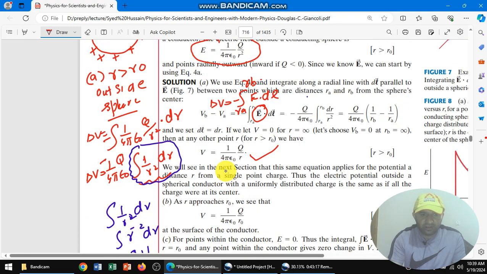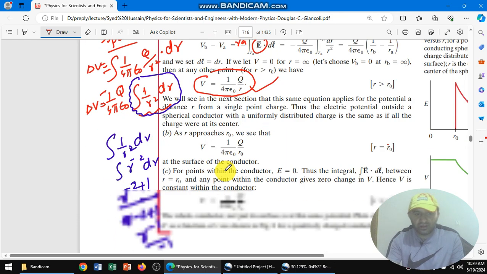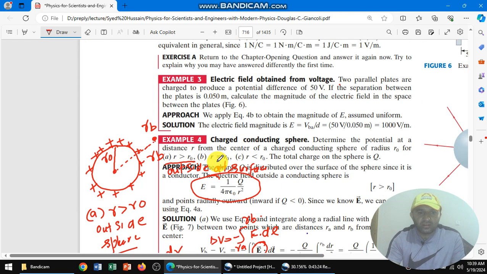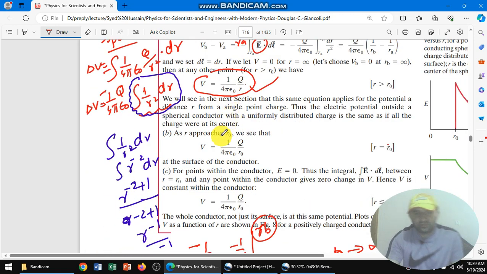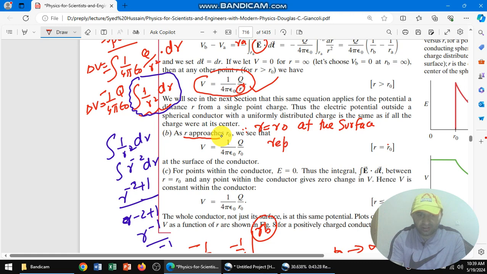So the formula is V equal to 1 over 4 pi epsilon naught Q over R. Now we solve for the inside. At the surface, R is equal to R naught, so we replace R with R naught.